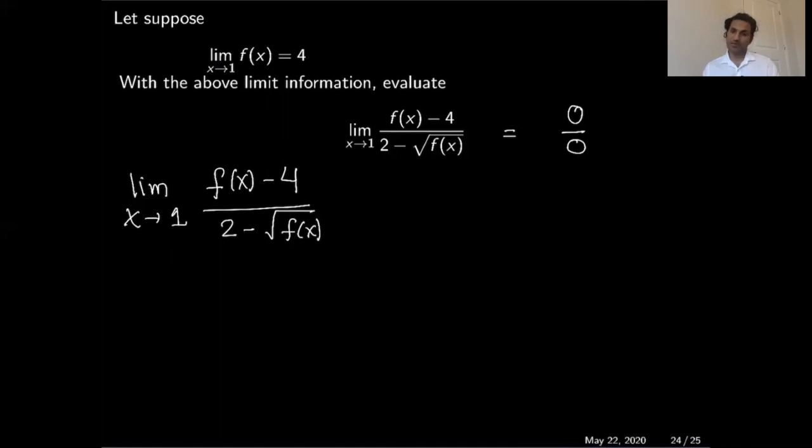Since this is a square root of a function, in order to simplify this function, I will multiply by the conjugate in the bottom and also on the top. The conjugate of this square root function is 2 plus square root of f(x), because you change the negative sign to a plus sign, and then I multiply the same in the top.